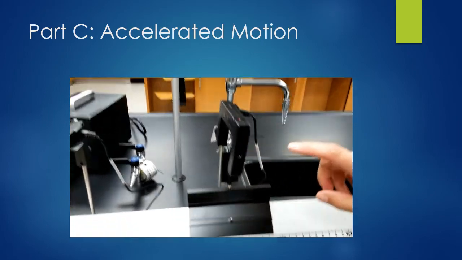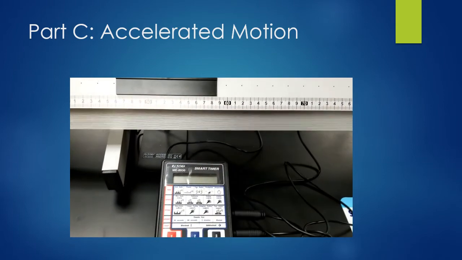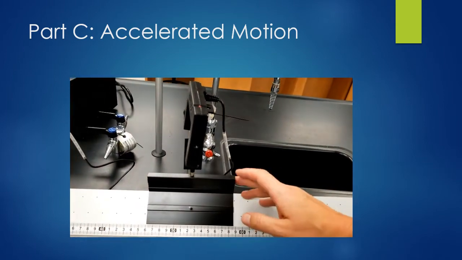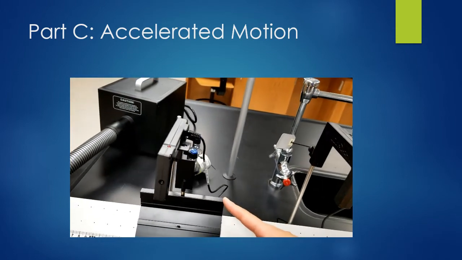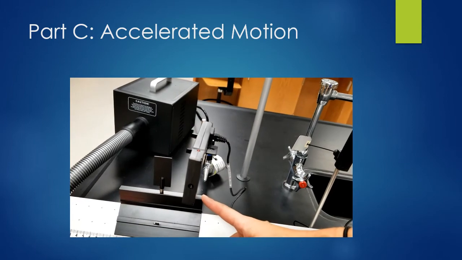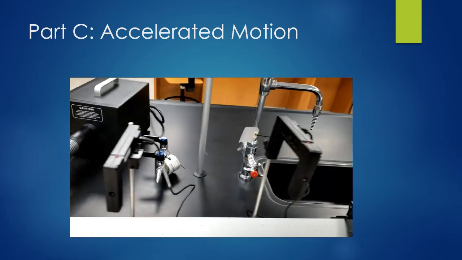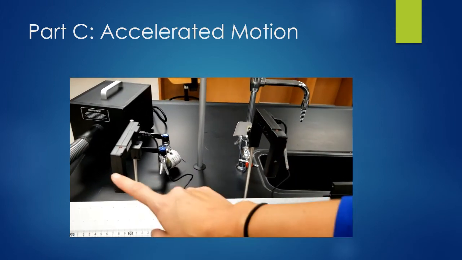These photo gates are hooked up to the timer shown here. When that glider goes through the first photo gate, it starts the timer. It'll continue going until it goes through the second photo gate, which will stop the timer. So this will give us the time it takes for that glider to go between these 2 photo gates.